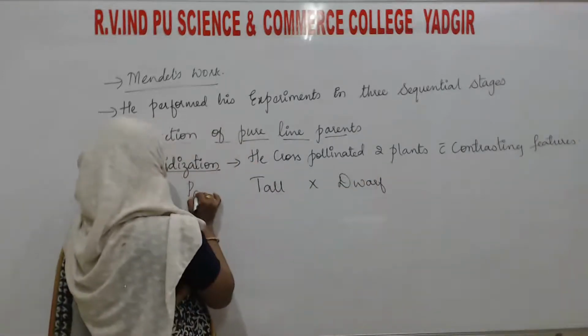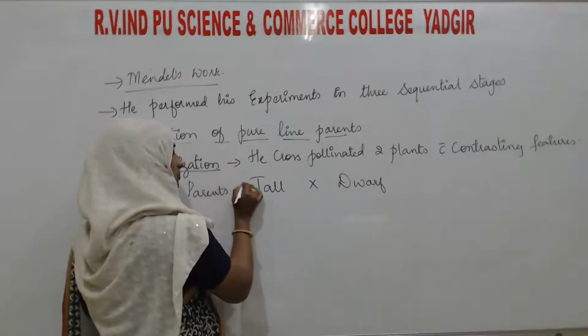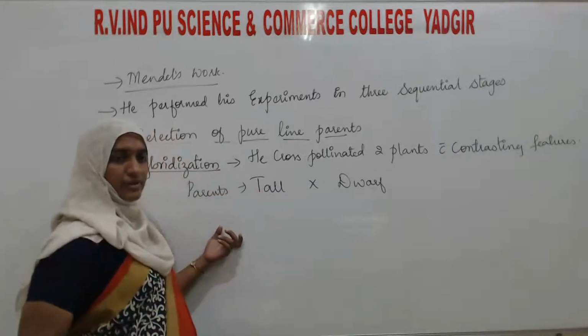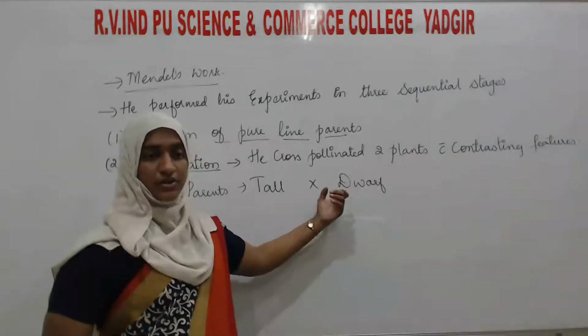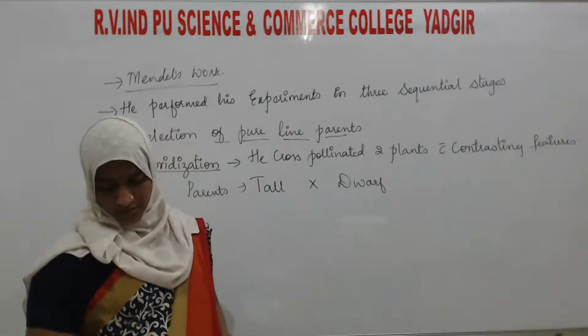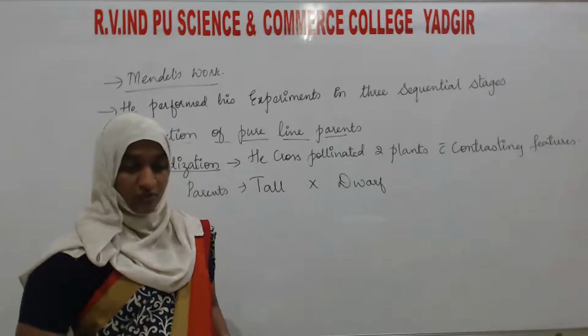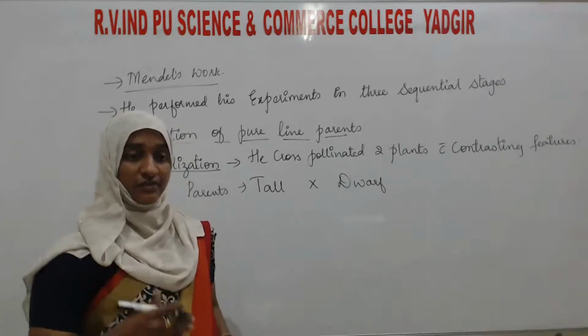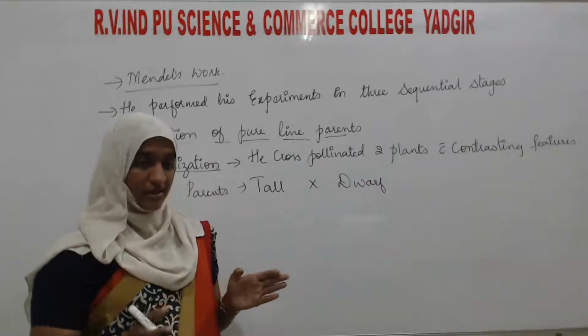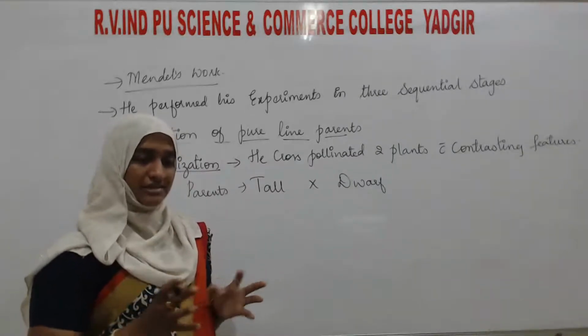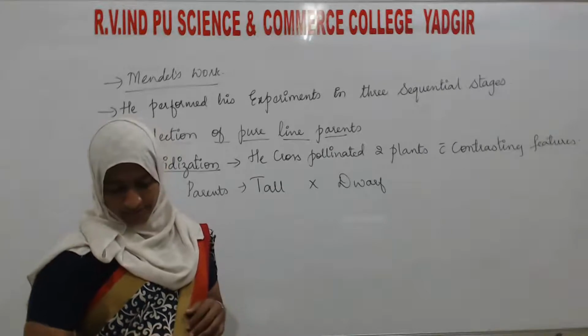These are the pairs, meaning two plants: one tall plant crossed with a dwarf plant, or a round seed with a wrinkled seed, like that. So he took some pairs of characters and then cross-pollinated them.